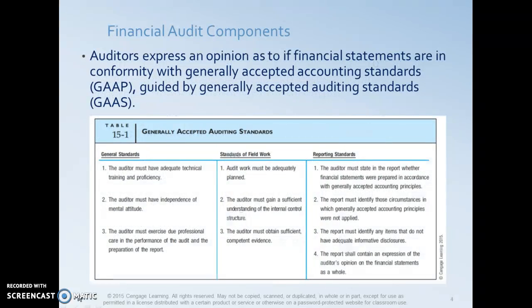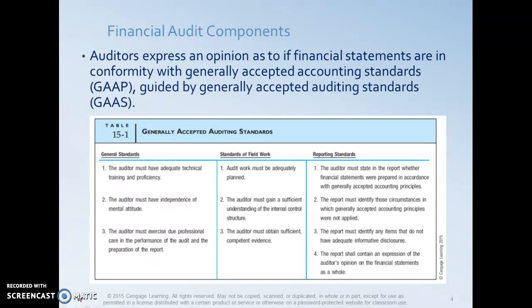So, what do auditors use? There are actually standards for auditors. We've talked before about GAAP, generally accepted accounting principles. Now, these are generally accepted auditing standards.